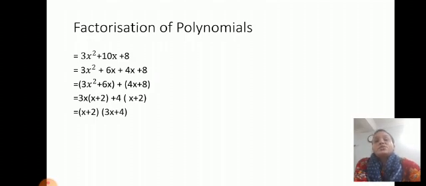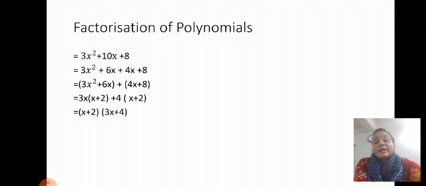For this, what is the first rule? Multiply the highest power coefficient with the constant. So 3 into 8 is 24. Now take the factors of 24 and arrange the middle term. The middle term is 10x.